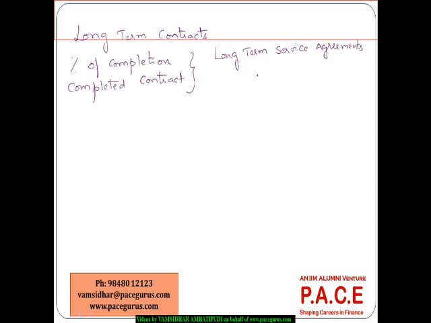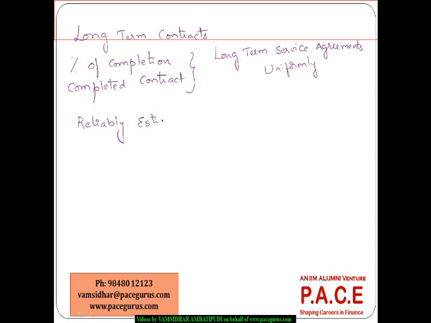Even in that case, the revenues are recognized either uniformly over the period, or based on the percentage of completion, or the completed contract. So looking at percentage of completion, especially when the outcome of the project can be reliably estimated.